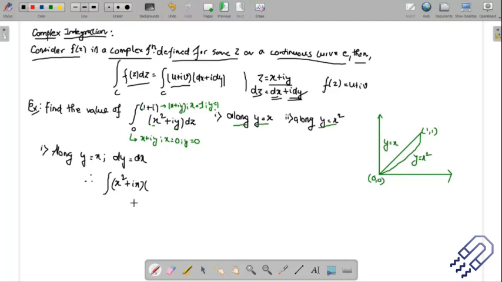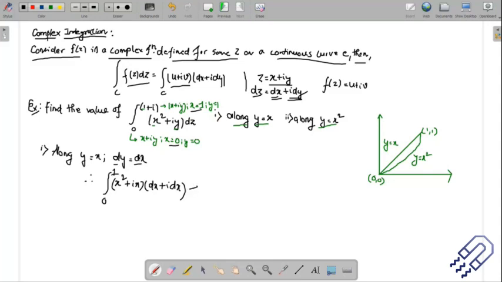In place of dy, I can write dx, because dy is dx, right? So everything is in terms of x. That means the limit will be for x 0 to 1. So I just do it from 0 to 1, and then you can do your integration and find out the answer, right?